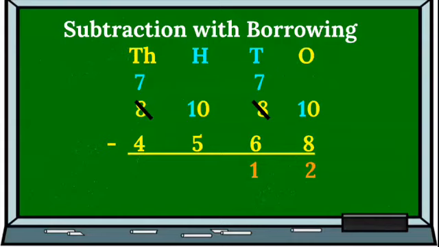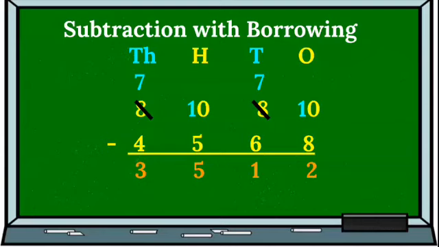So we can now work with 10 hundreds, take away 5 hundreds, which will give us a difference of 5. Now thousands, our remainder of 7, take away 4 will give us a difference of 3.